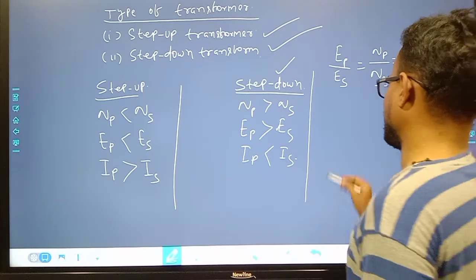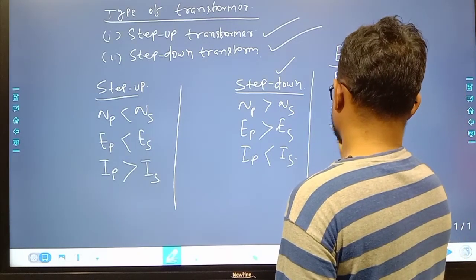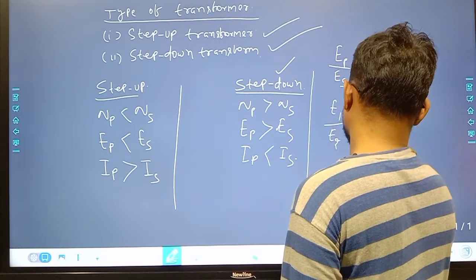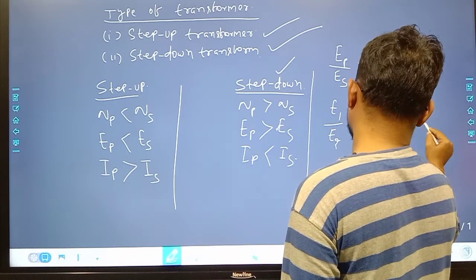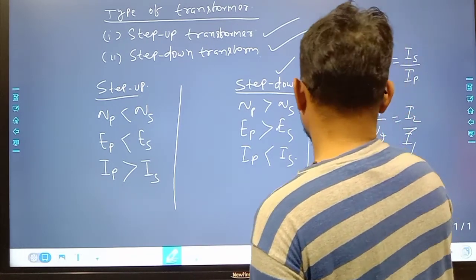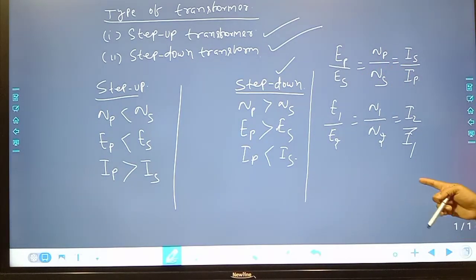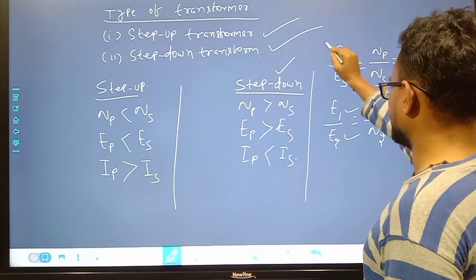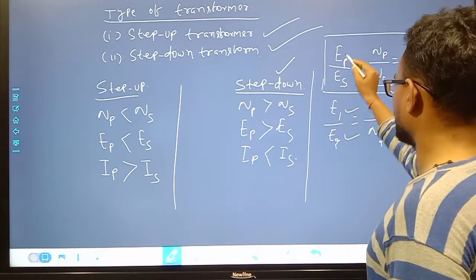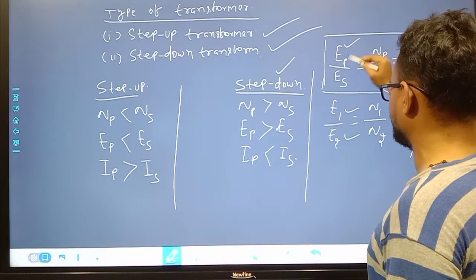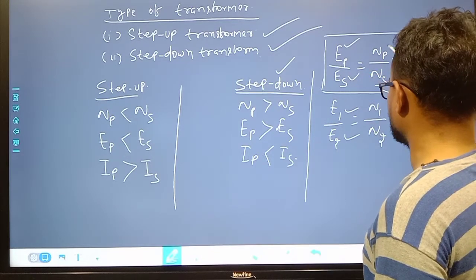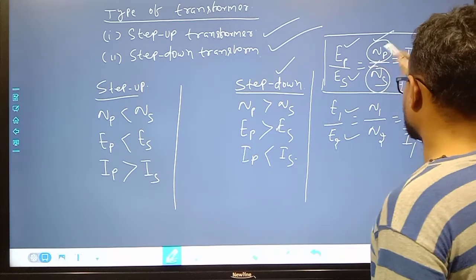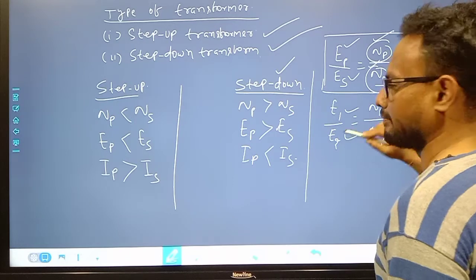Or you can write E1 by E2 is equal to N1 by N2, but I2 by I1, because current and EMF are inversely proportional to each other; here it is 1 and 2 but there it is 2 and 1. So the ratio of primary EMF to secondary EMF is equal to the number of turns in the primary coil to the number of turns in the secondary coil, but it is the current in the secondary coil to the current in the primary.